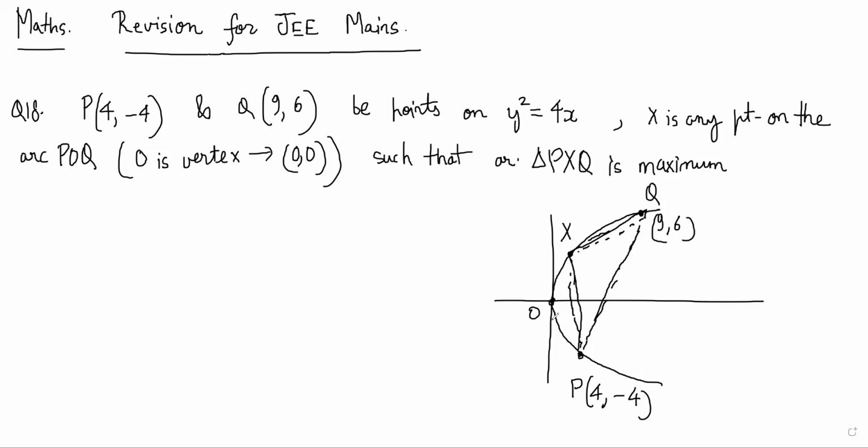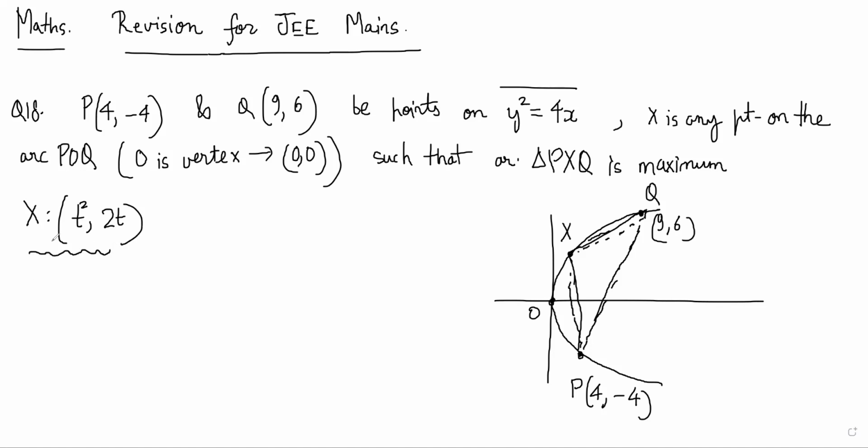Fine. X is an arbitrary point such that this area is maximum. So x can be written as what? X can be written as (at square, 2at), right? And a is 1, right? So it is (t square, 2t).